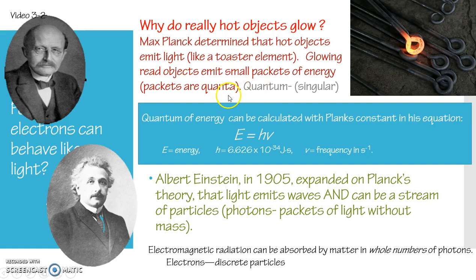Oh, by the way, quantum is singular, quanta is plural. Anyway, he came up with a formula where he even figured out a constant, so you could figure out the frequency, and you could multiply it times this constant. We'd figure out how much energy had to be put into an object to make it glow, or else how much energy would come out of it.